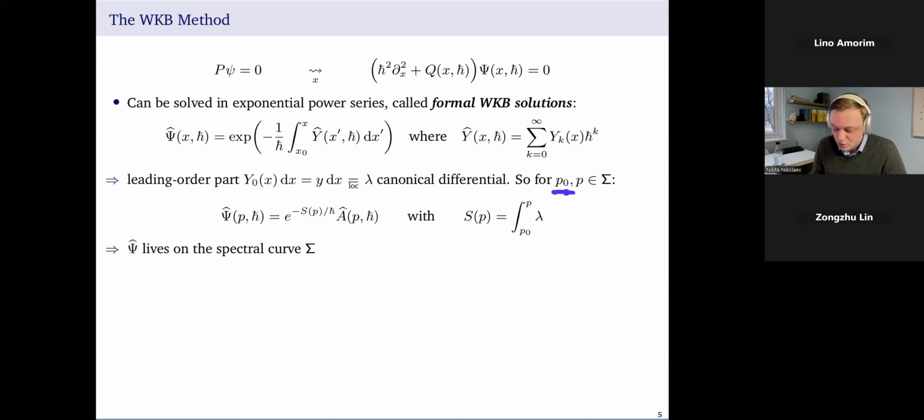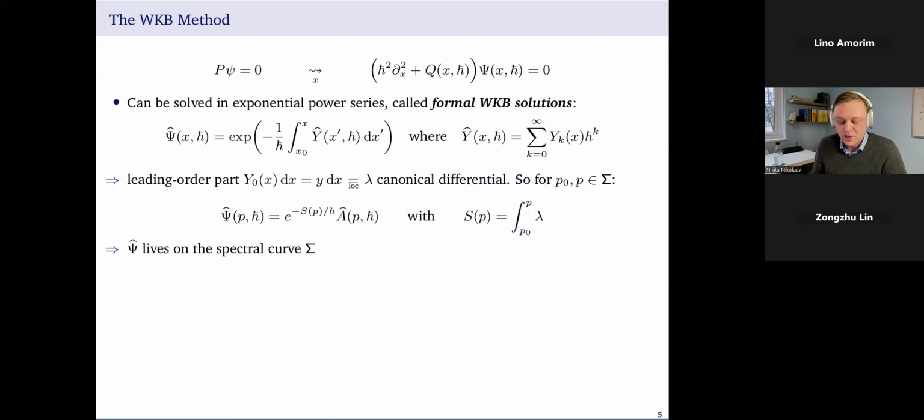So you pick any 2 points, P naught, your base point, and some P, where you're evaluating your formal WKB solution. These are 2 points on the spectral curve. And I'm going to integrate my canonical one form from P naught to P. Of course, this quantity, as written, only makes sense for P very close to P naught.